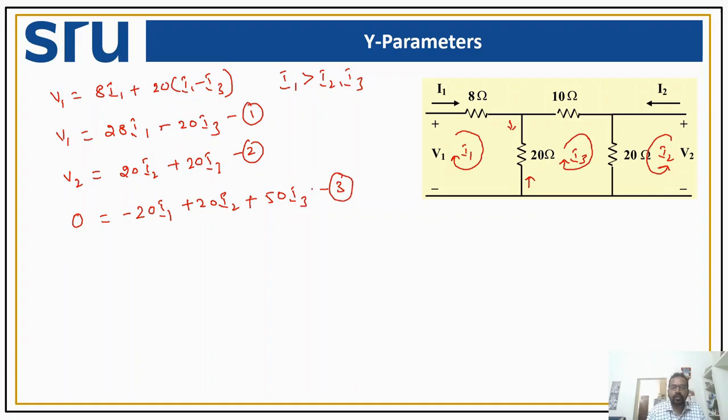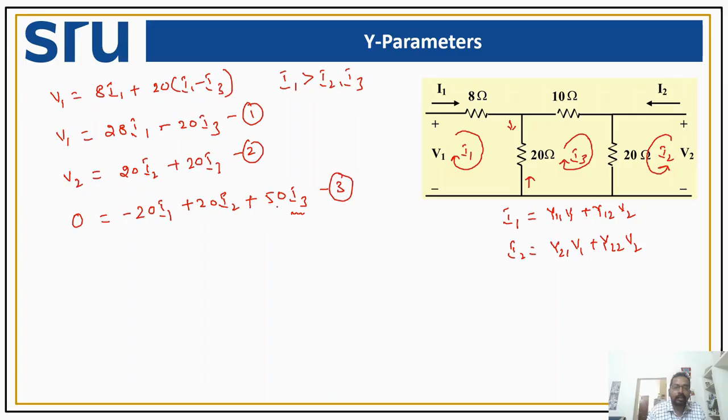And what do we need to find? The y parameters. How do the equations look for y parameters? It is I1 equal to y11 V1 plus y12 V2 and I2 equal to y21 V1 plus y22 V2. If you observe these equations, they are in terms of I1, V1, I2 and V2, but we have another term I3 in these 3 equations.